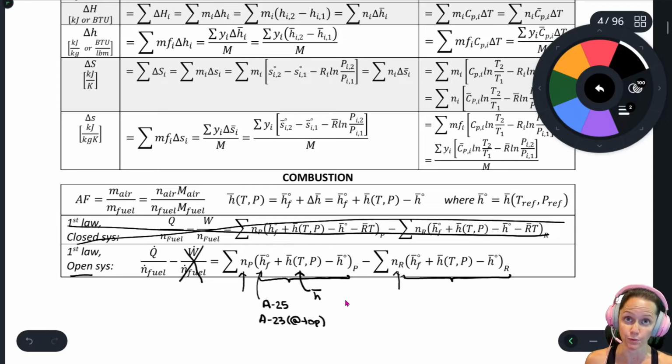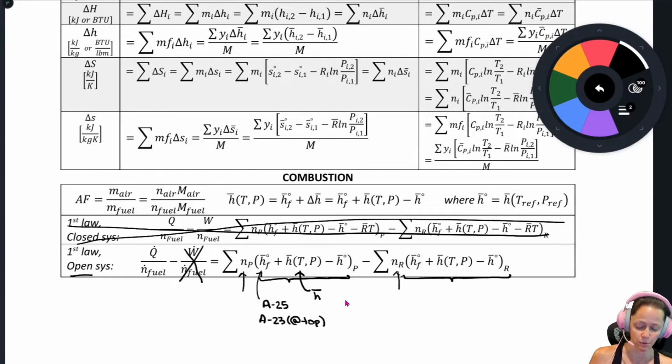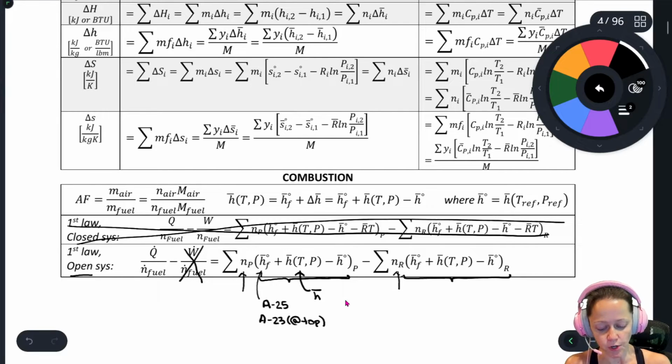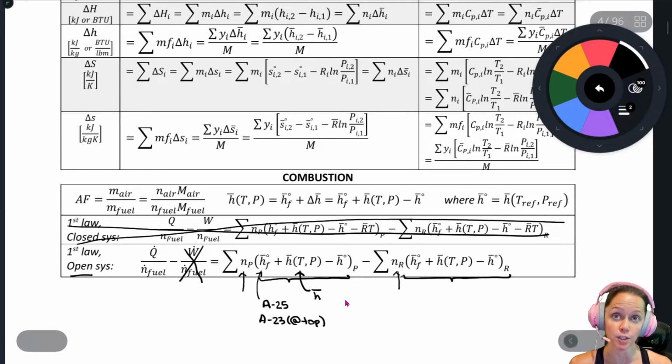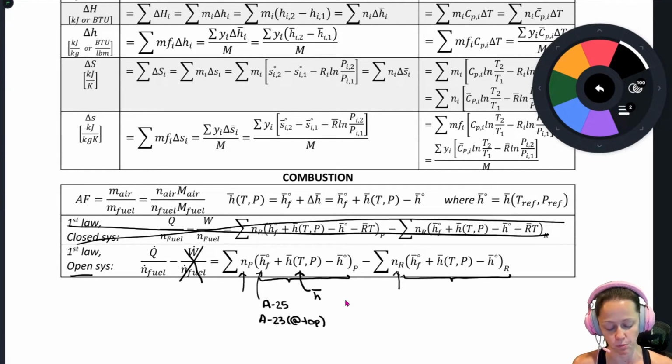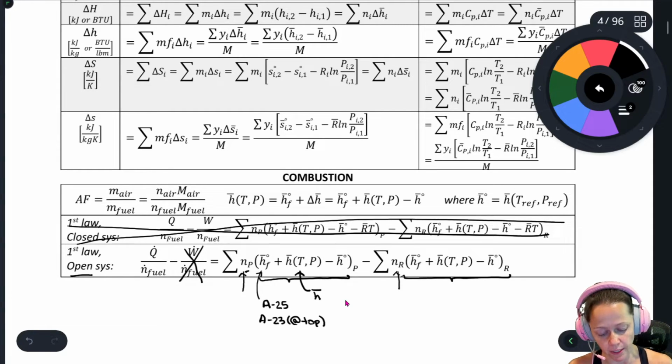These values right here are the H bar values. So it's got a bar over it, so it's per unit mole. So kilojoules per kilomole, say. These are evaluated at the given temperature. And really, honestly, it doesn't matter what pressure it's at because enthalpy is only dependent on the temperature. It's the H bar value for the gas that you're interested in at whatever temperature that gas is coming out at for the products or going in at for the reactants.